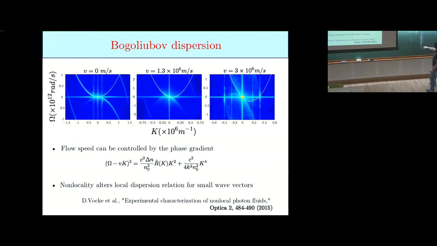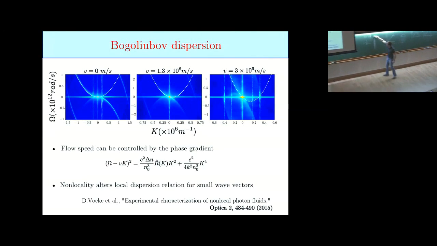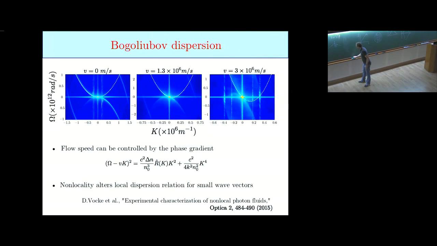So let me redraw this. In the setup I showed you earlier, I had the sample, the beam coming in, and then some imaging optics and a CCD camera watching what's happening at the output. This corresponds to the case where I have 0 flow in my beam.